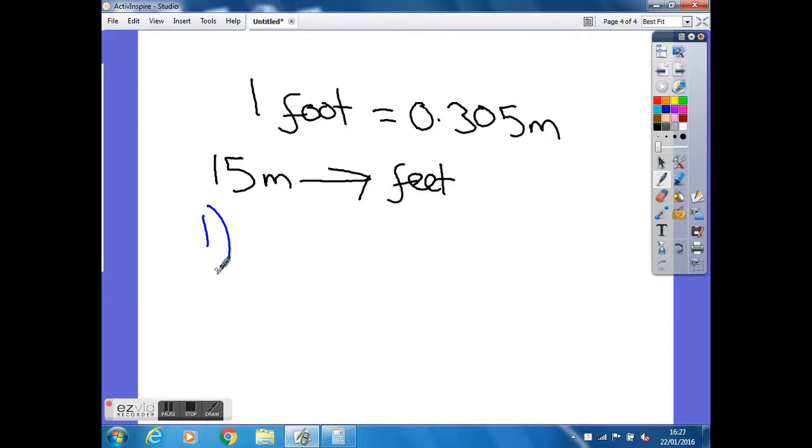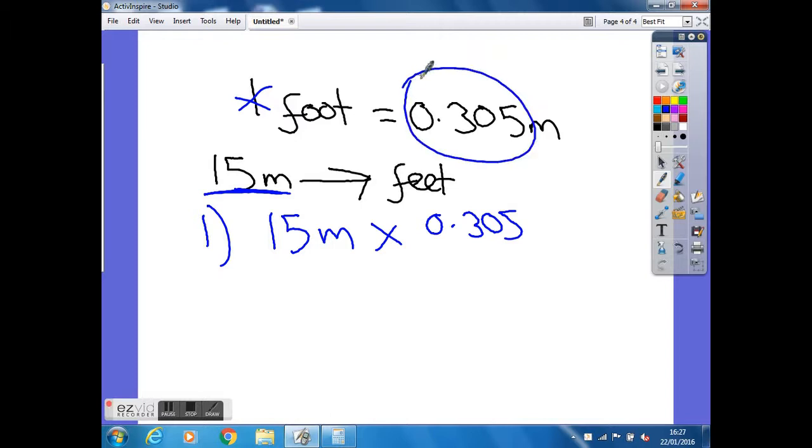For the first one, we always use the number that we're changing from first. So it'll be 15 meters times 0.305. As I say, you can essentially ignore the 1 because it doesn't do anything to the number. We're going to use this side of the equation. So we can do 15 times 0.305, or we can do 15 divided by 0.305.